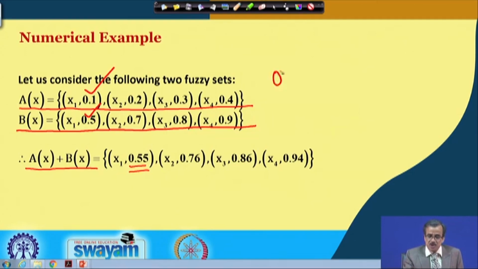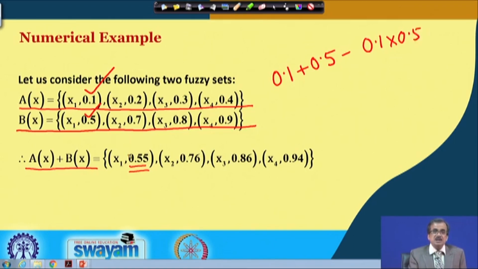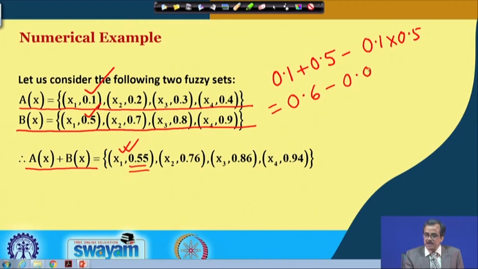So, 0.1 plus 0.5 minus 0.1 multiplied by 0.5 will be the mu corresponding to x1. This is nothing but 0.6 minus 0.05, which is 0.55. So, corresponding to x1 we have got the membership function value 0.55.